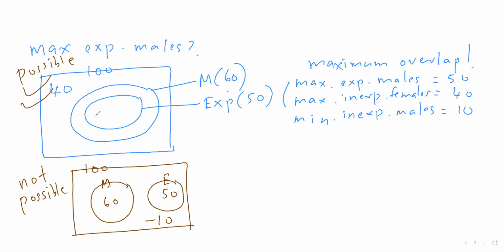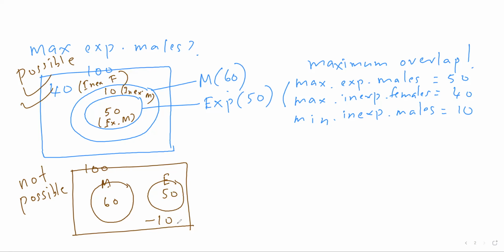Now compare it with the possible scenario where this space is 50, which is the experienced males, and 10 is the inexperienced males, and 40 is the inexperienced females. So this is possible, but this is not possible.